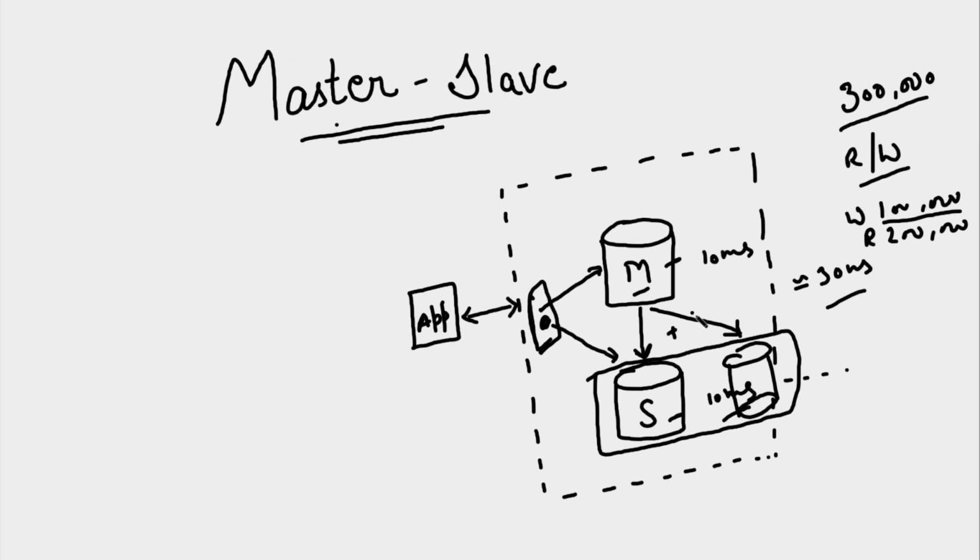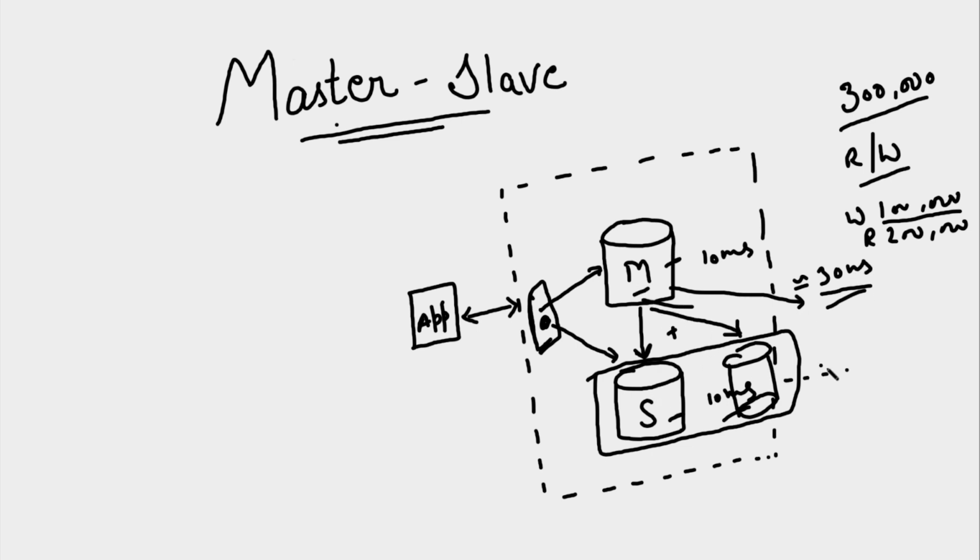But the only thing that is going to hamper your database performance is that your master will now be responsible to write into each and every slave first, and then it can commit this transaction. Earlier it was taking 30 milliseconds to complete a transaction between the master and one slave.